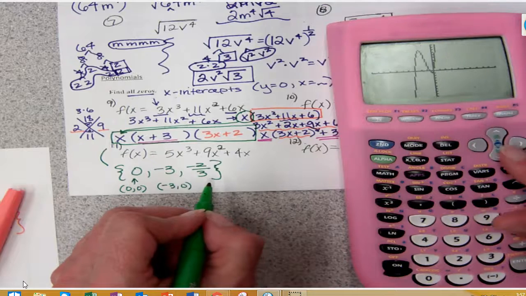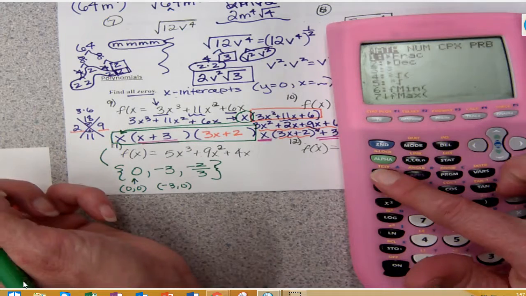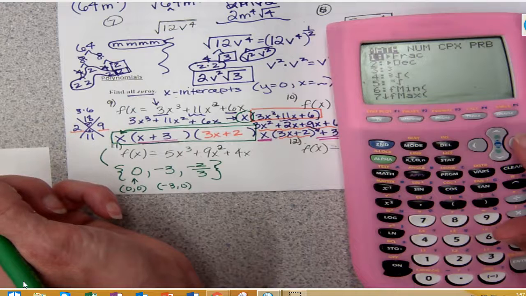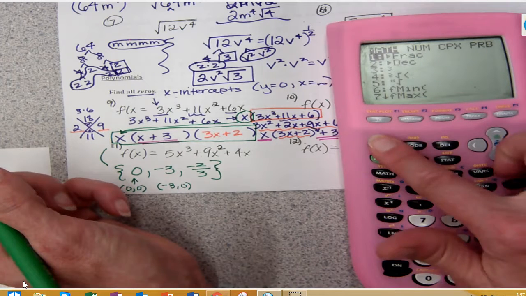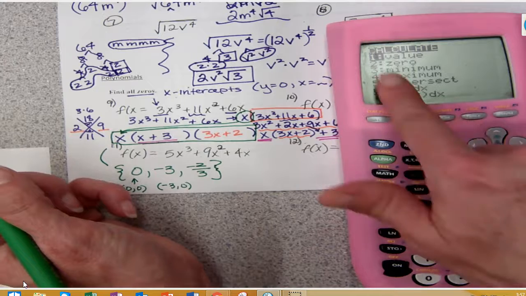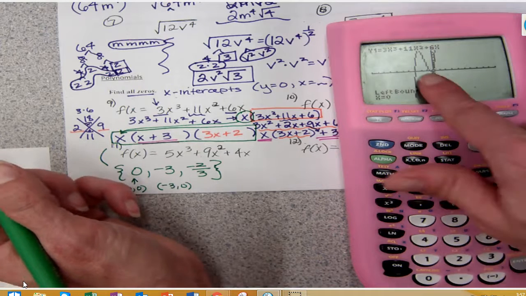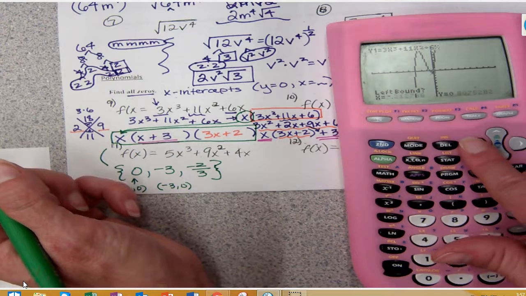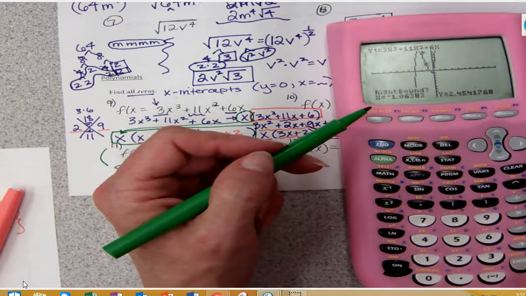So you can go back to your graph and go to math and look for, or maybe you go to calc. That's what you do. You go to calc, you go to 2 to find your zeros, and now I want to find this 0 right here. So I'm going to go to the left of that one, enter.